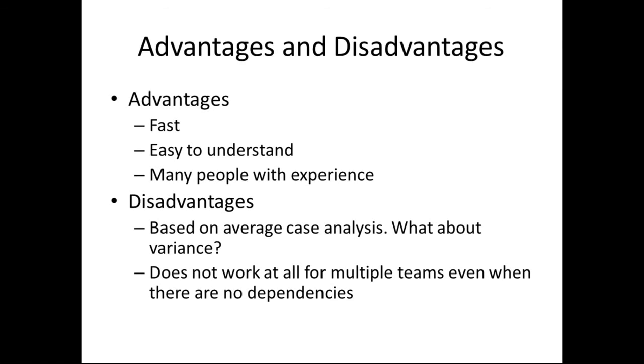A second big problem is that this approach only works for a single team. As soon as you have multiple teams and you want to know when both of them are going to be able to release because they're combining their work into a single release, it will not work essentially at all. It won't work even if they don't have any micro dependencies, even if they're not working together sprint by sprint, and they're only releasing together at the very end.